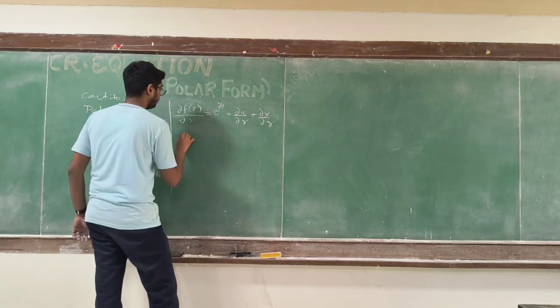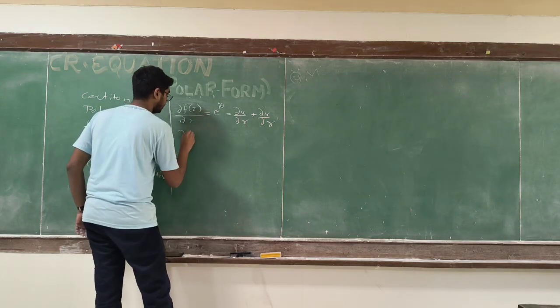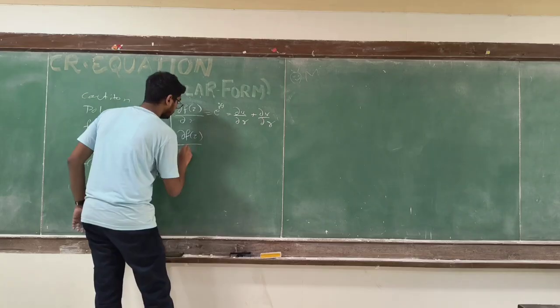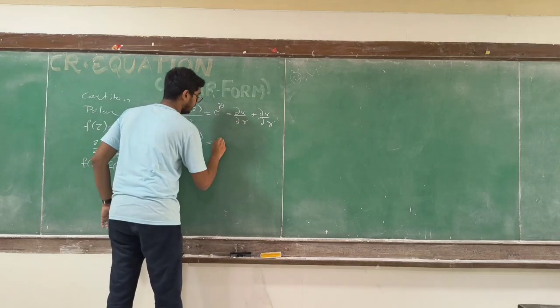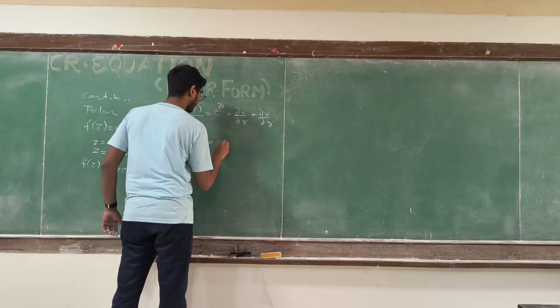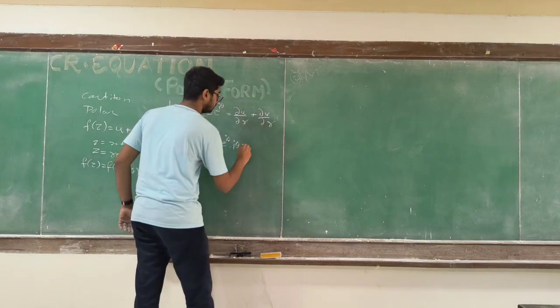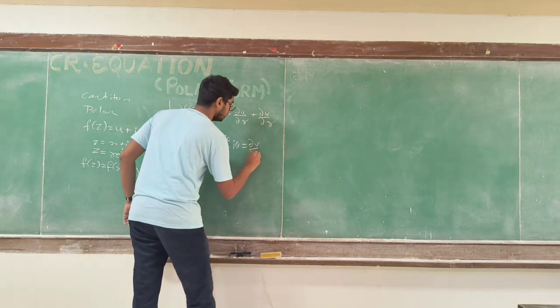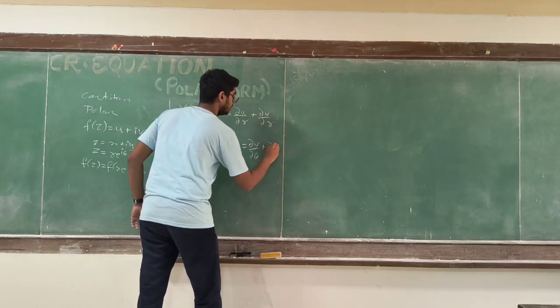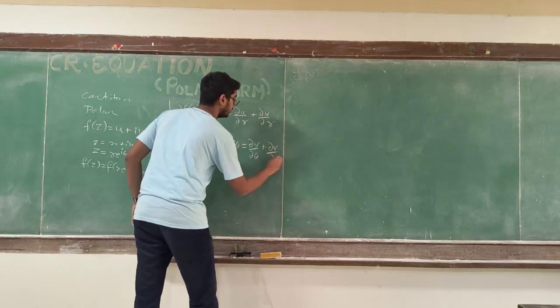Again, when we differentiate with respect to theta, we will have r e raised to power i theta equals del u by del theta plus i del v by del theta.